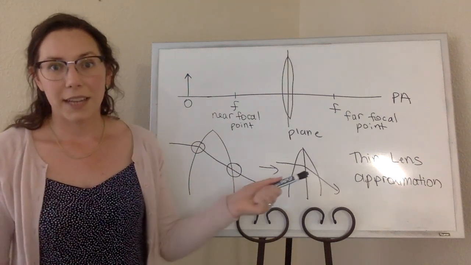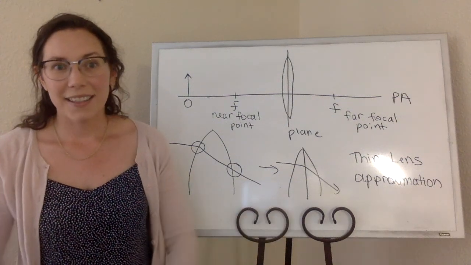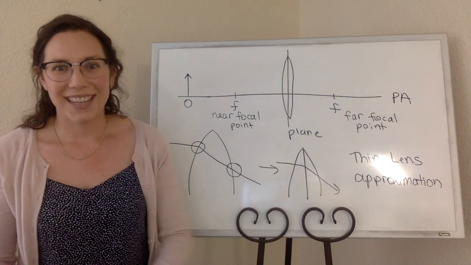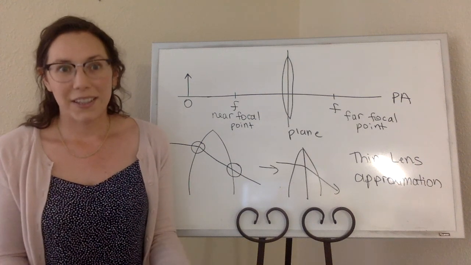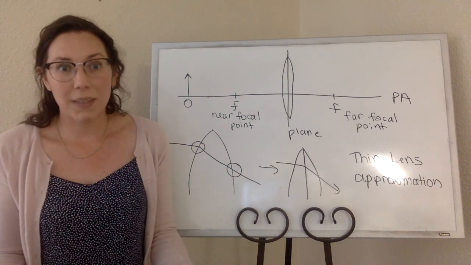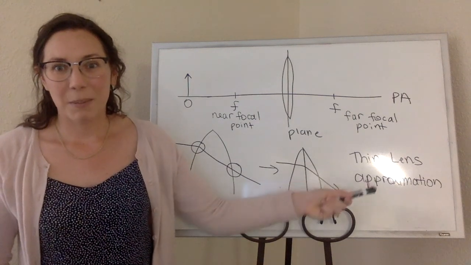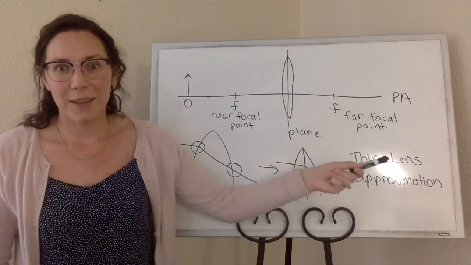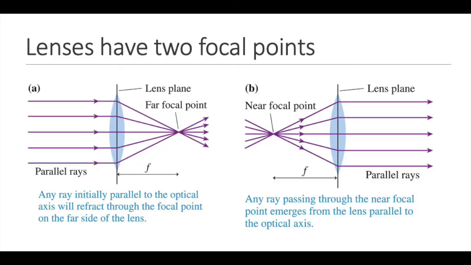So instead it looks like this, where there's only one time where the light bends. This is only an exact approximation if the lens is infinitely thin. However, it is a very good approximation for most lenses, which are fairly thin. This is called the thin lens approximation.